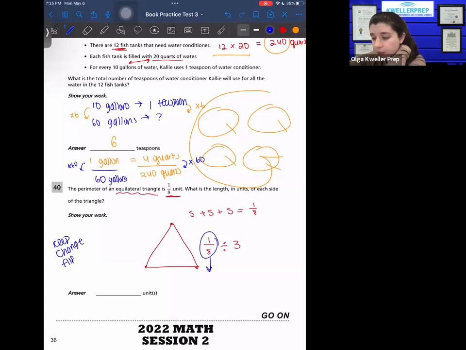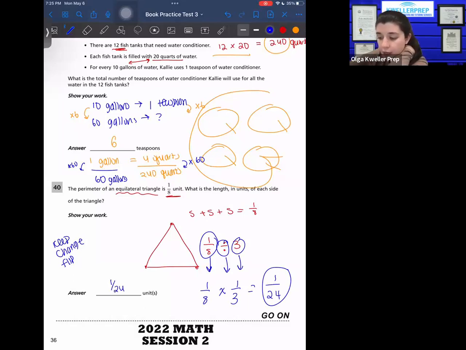I'm dropping it down. I'm keeping it. We're going to change, I mean, instead of the division, we have multiplication. And then this one, we're going to flip. So instead of 3, we've got 1/3. So that is going to be 1 out of 24. Each side is going to be 1 out of 24.